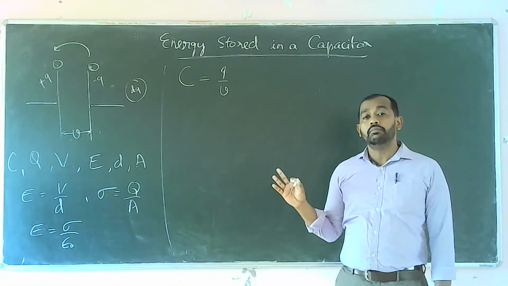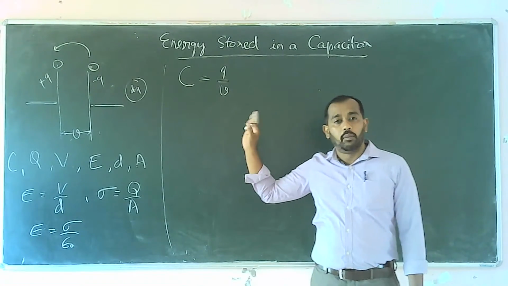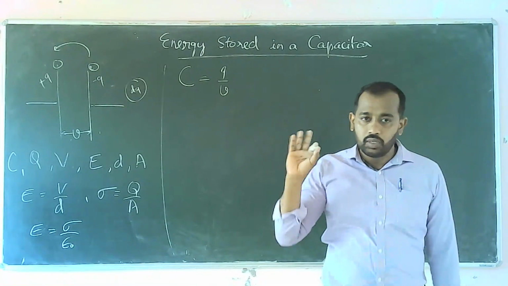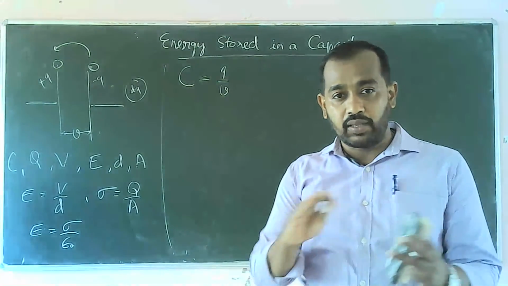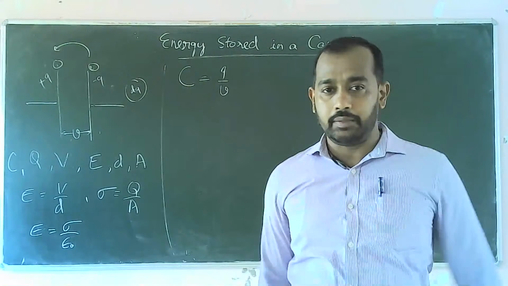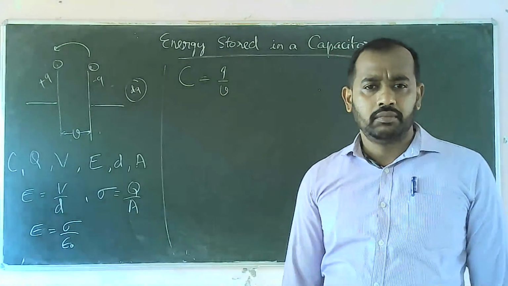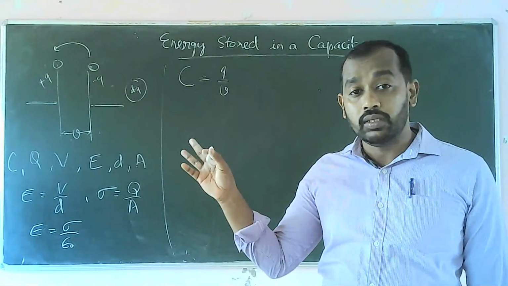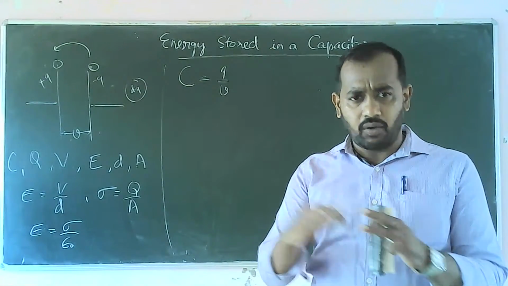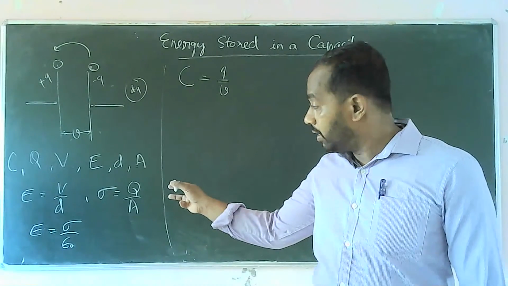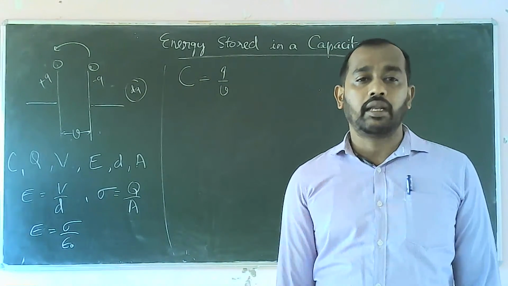Now, in order to find the amount of work done, one more thing we have to remember is that we are not going to use the relation between work done, force and displacement. Here, what is the displacement? We do not know. But we know the relation between the potential difference and the work done, the definition of the electric potential.